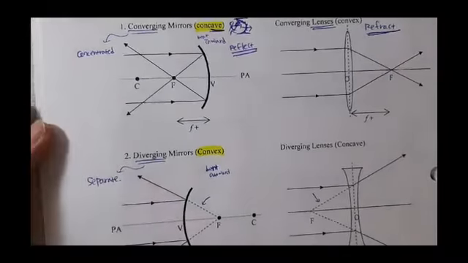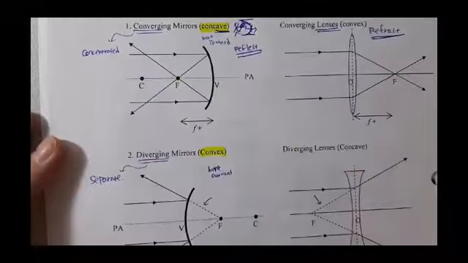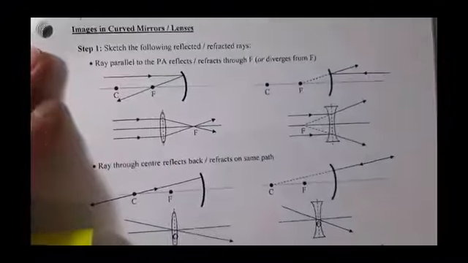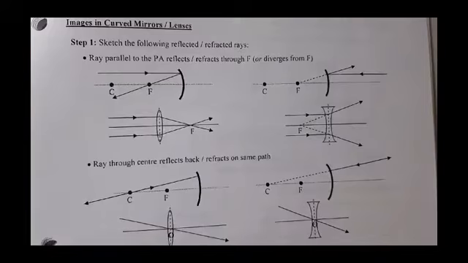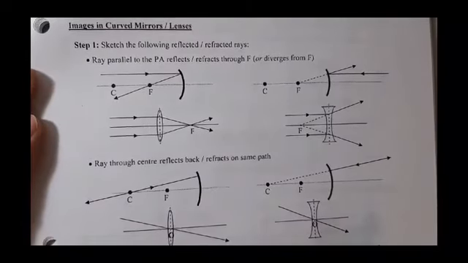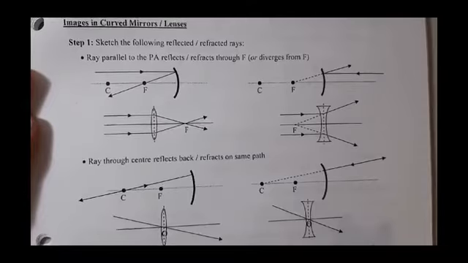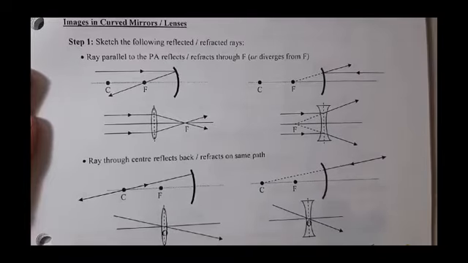Now, explaining everything in a given diagram is really tough in this lesson, so I'm going to do quite a lot of examples. But before we do, I'm going to explain what steps to take to predict the image's size, orientation, and whether it's real or virtual, so the type of image.